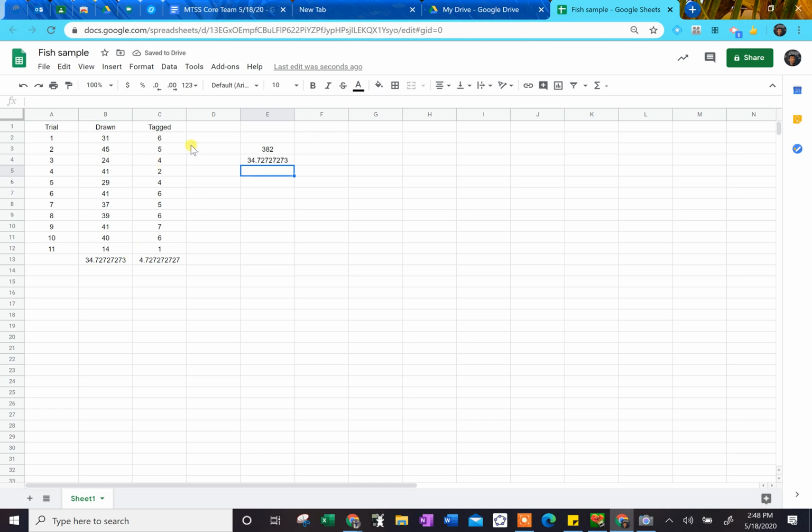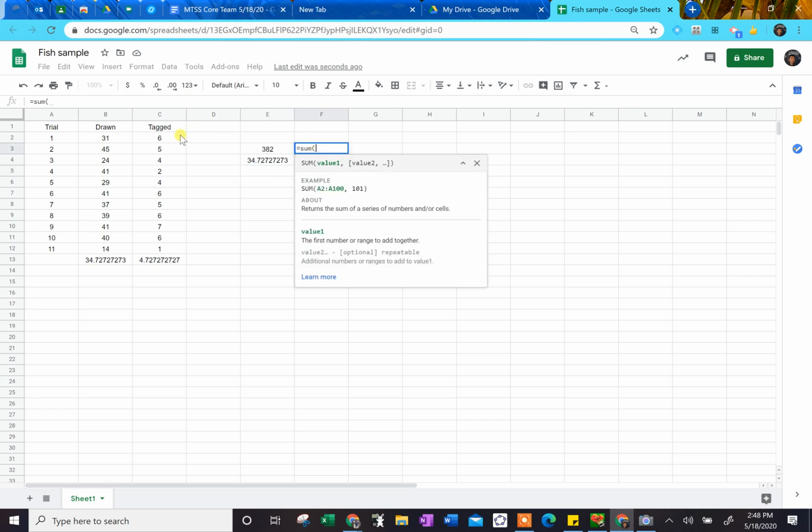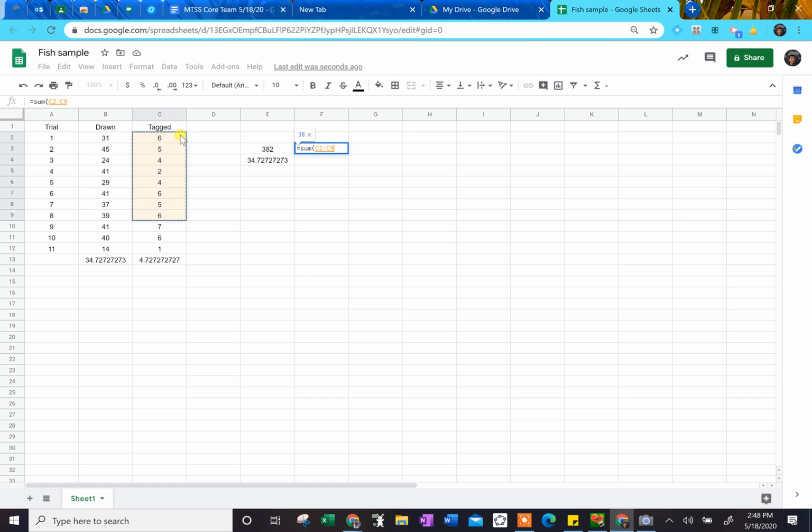I then did the same with the amount of fish that I tagged. I found out how many I had by adding them all up, and it was 52, and because I had 11 trials, I take 52 divided by 11, and I get 4.7. So now here's the key.